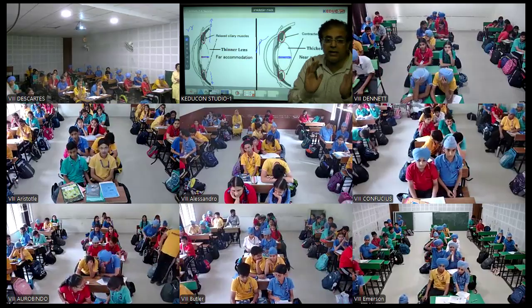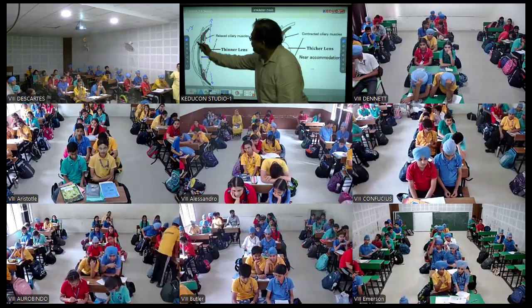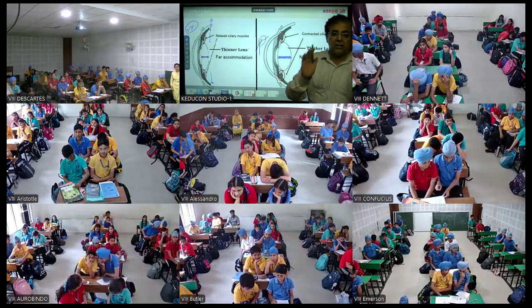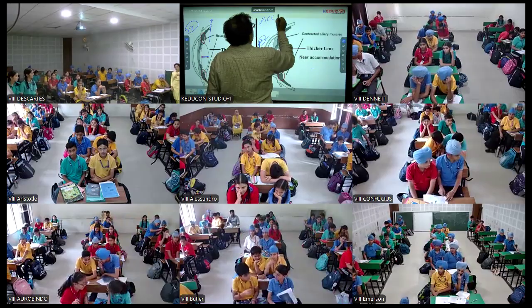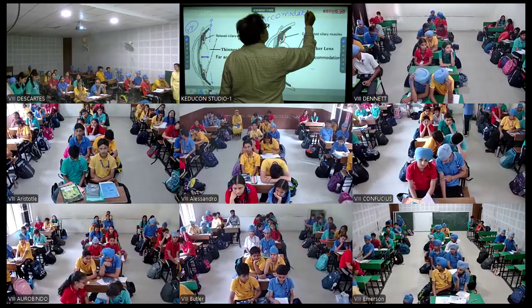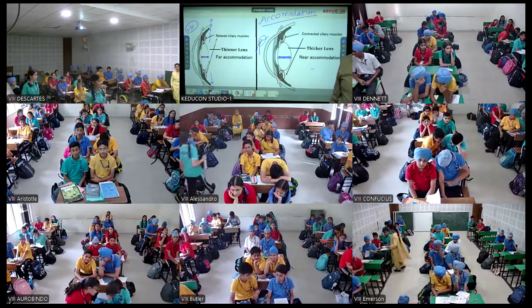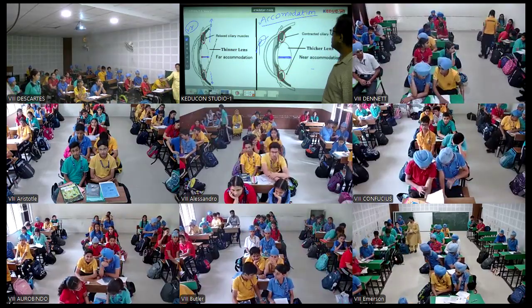This capability of the human lens, that as per the need it can focus on far objects or on near objects, is known as accommodation.